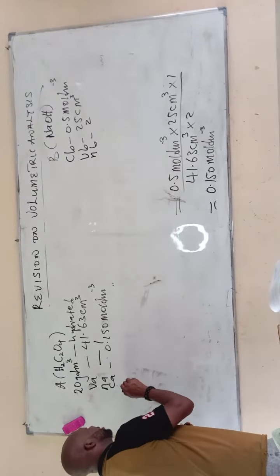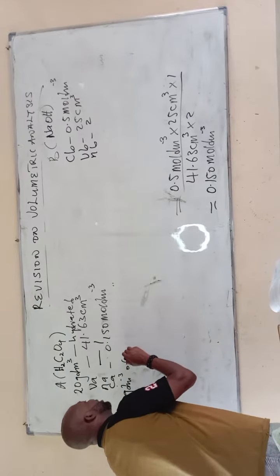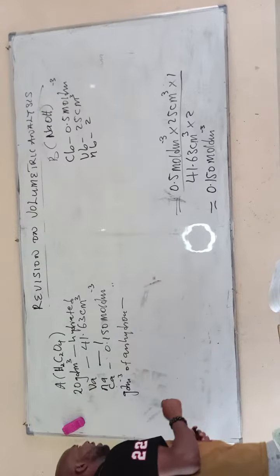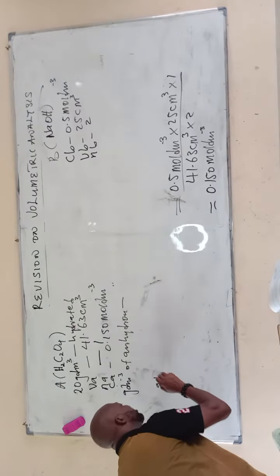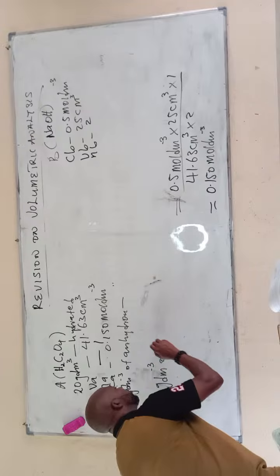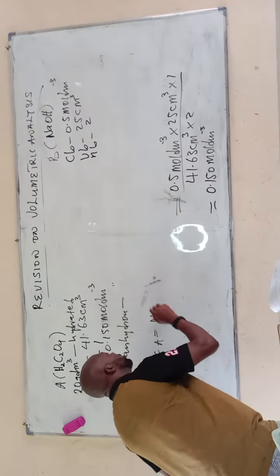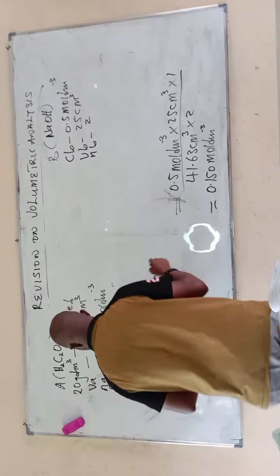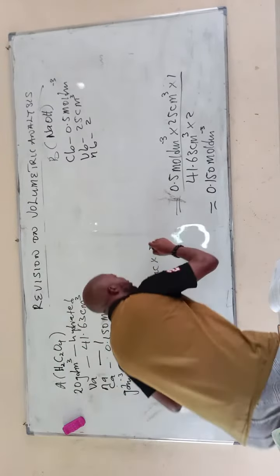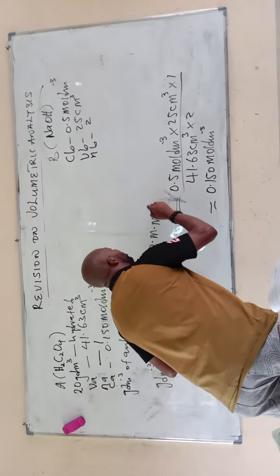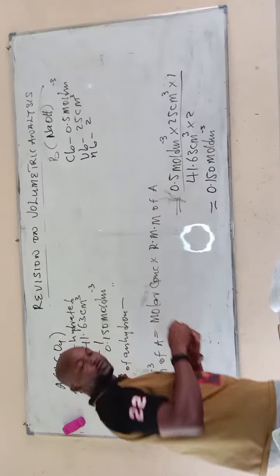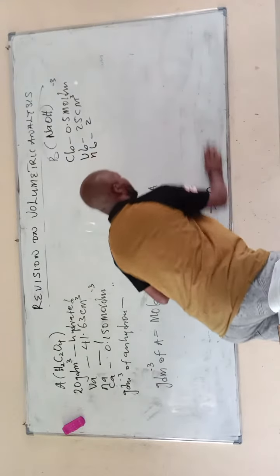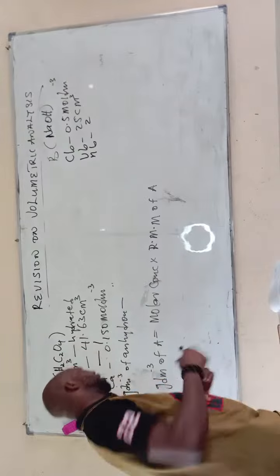So the g per dm cube of anhydrous, which is the mass concentration of A, is equal to the molar concentration times the relative molecular mass of A. Now we go.